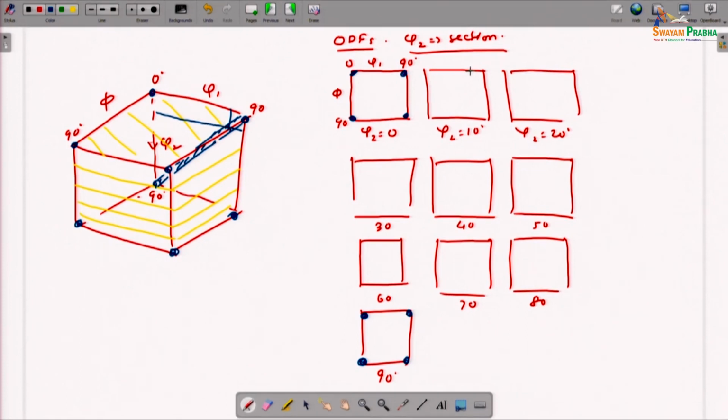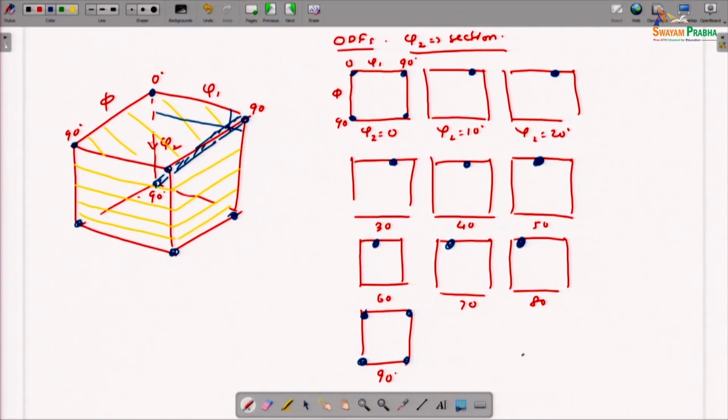At phi 2 equal to 20 degrees, the phi 1 position will be at 70 degrees, and then at 30 degrees it will be at 60 degrees, at 40 degrees it will be at 50 degrees, at 50 degrees it will be at 40 degrees, and at 60 degrees it will be at 30 degrees, and then 20 degrees and 10 degrees, and at 0 degrees. So, this is how the cube components basically look when we observe them in the orientation distribution function.